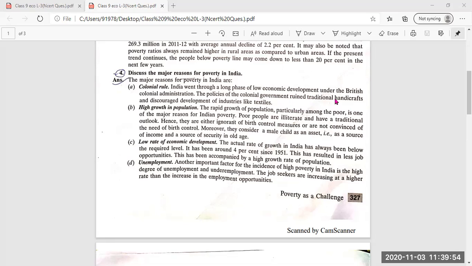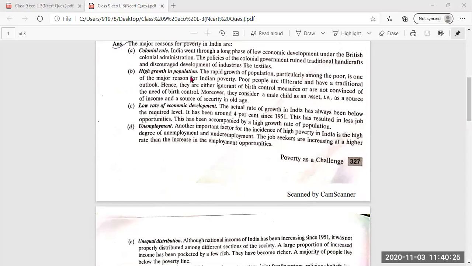And that is why, to earn the profit, they ruined and destroyed our traditional handicrafts. They also discouraged the development of industries like textiles, so that India could not develop economically and would be totally dependent on the Britishers. That is why under the British colonial administration there was low economic development.